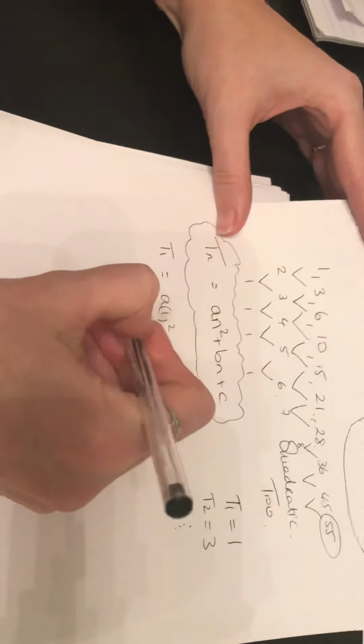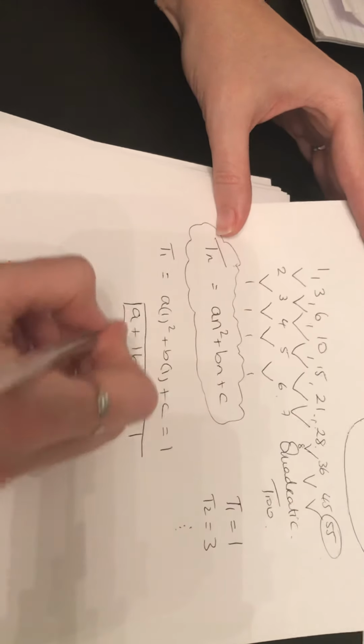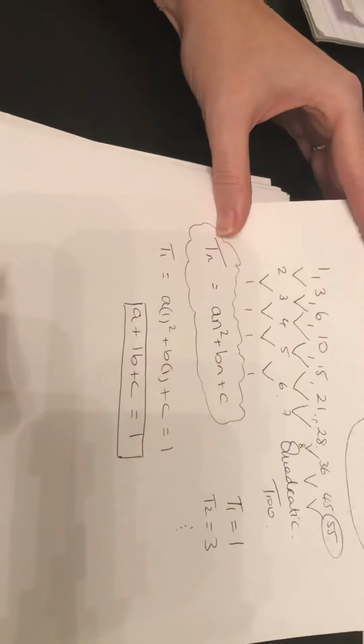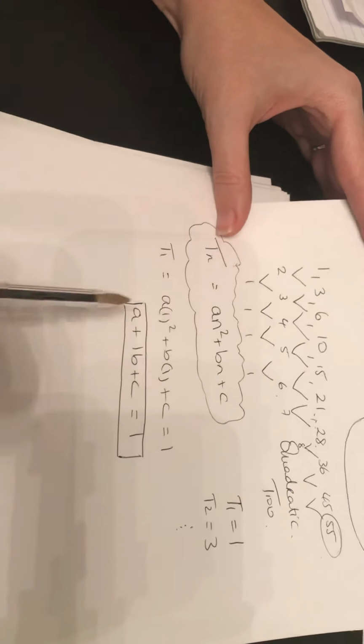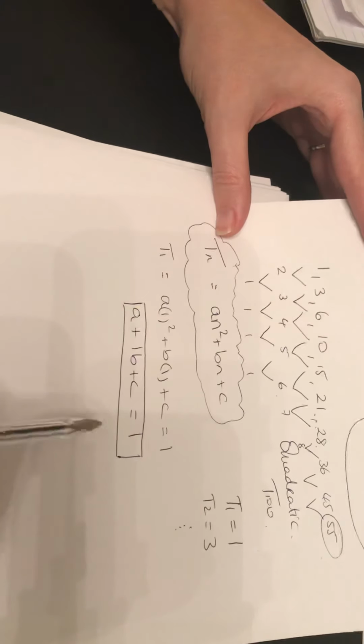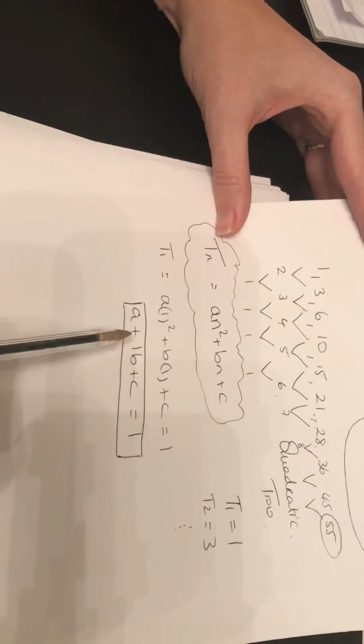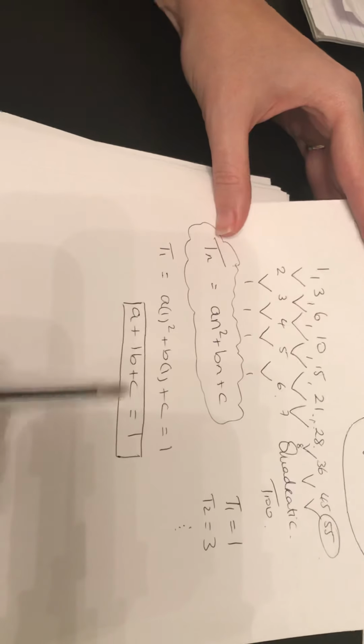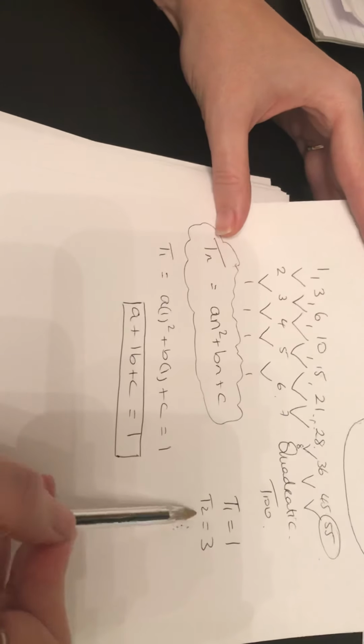Now, that might start to look a bit familiar, like an equation with 3 things missing. Maybe I'll go again, because if I'm going to do simultaneous equations with 3 things missing, I'll usually need 3 simultaneous equations. So I have more information, T2.